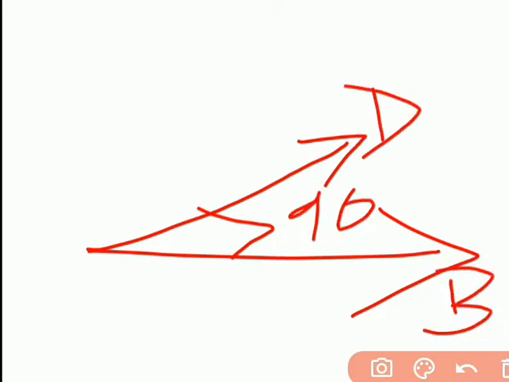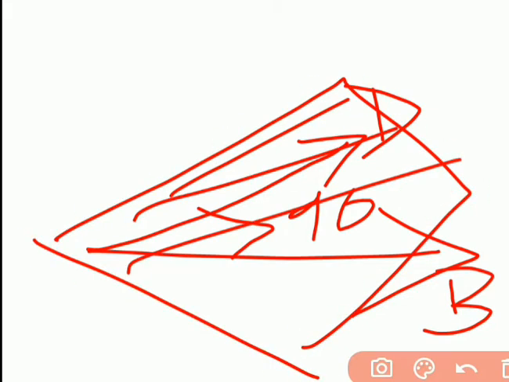This is our Burgers vector, this is our dislocation line, and the plane containing both of these is called the slip plane. Hope you have understood all the three terms very clearly.